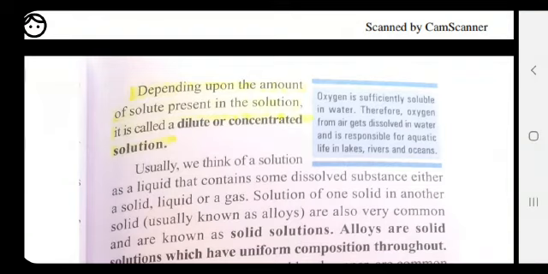If more water is added into the milk, it is called diluted milk. If more milk and less water is there, it is called concentrated milk. So diluted means more amount of water and concentrated means more amount of the substance with which we are making the solution.